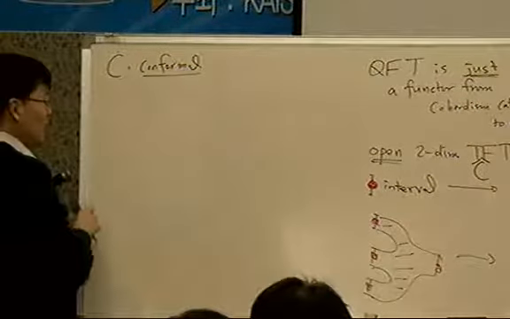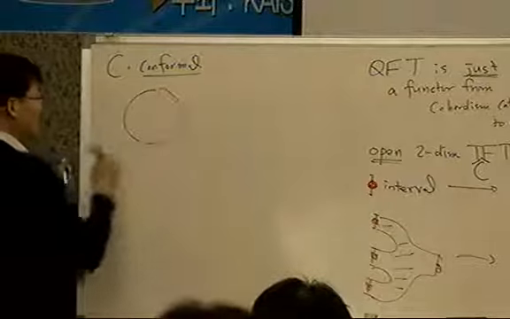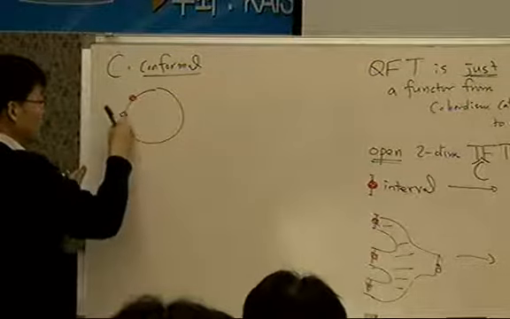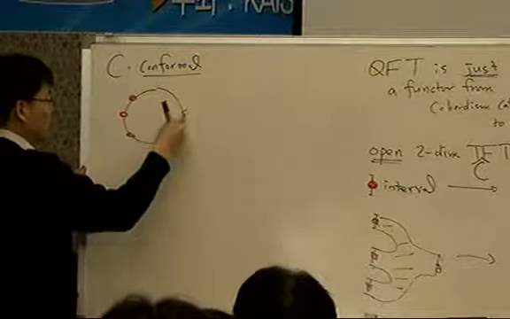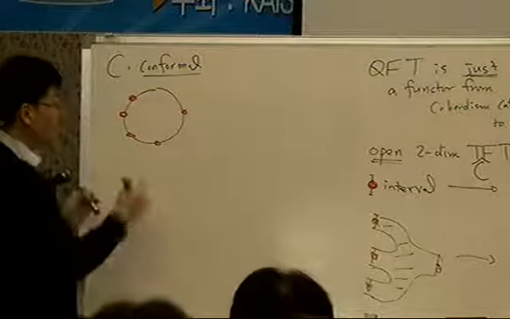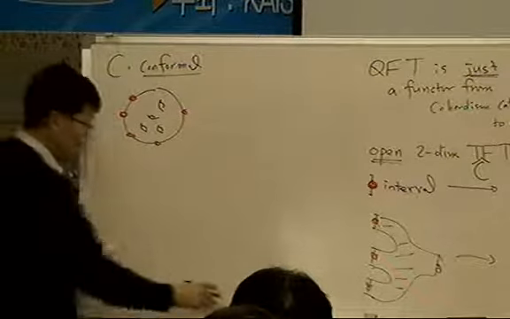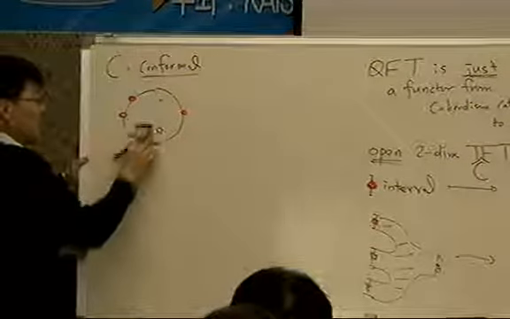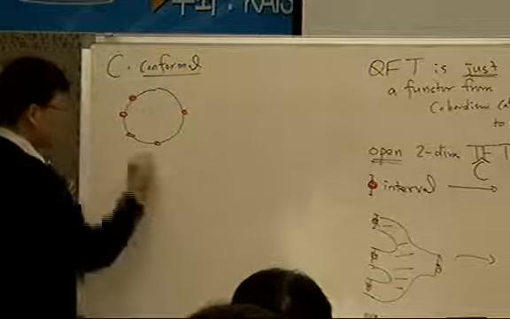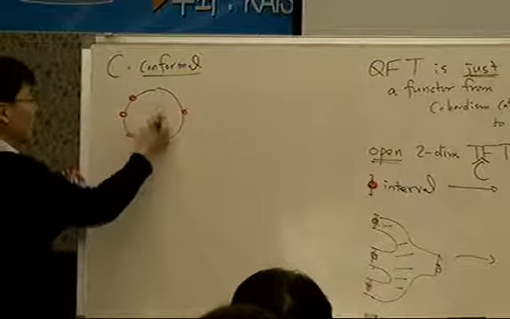Then what you get is a circle with a bunch of points. In general, you can have some higher genus surface like this, but for simplicity let's just consider genus 0, a disk.